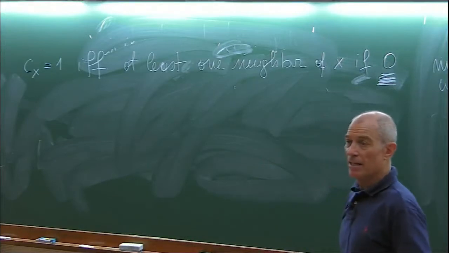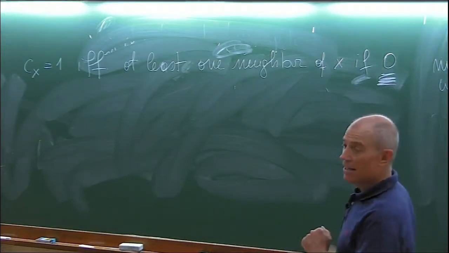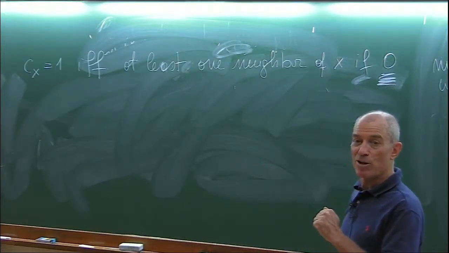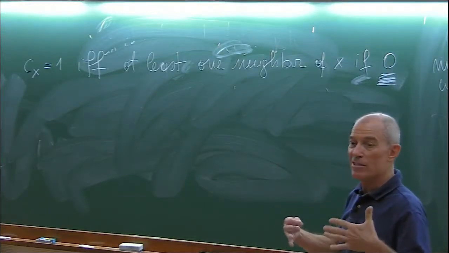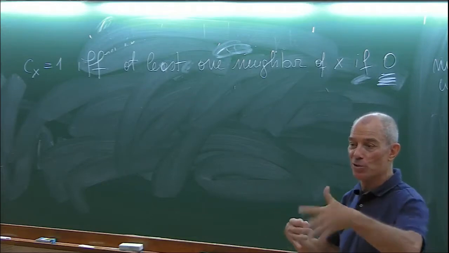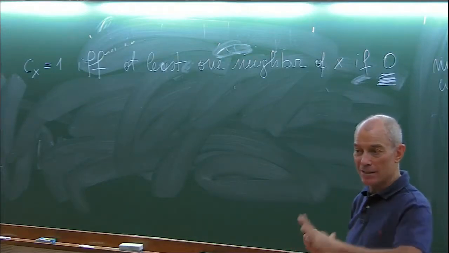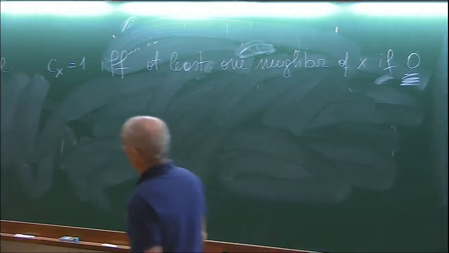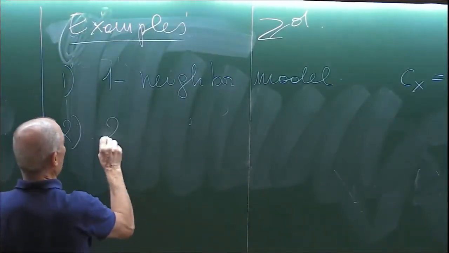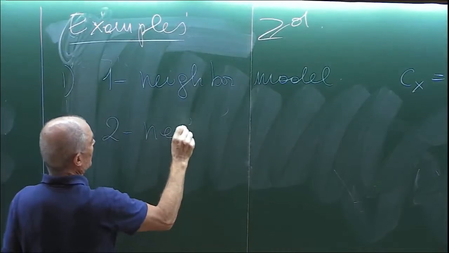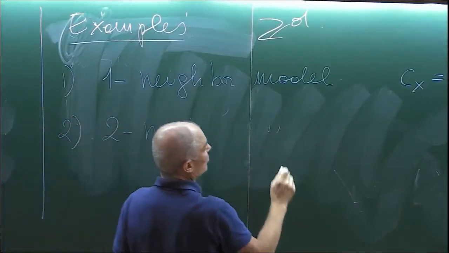Okay? So immediately this says that for the one neighbor model, the zeros are the good guys because they help you to do updates. The ones are the bad guys. Then, second example, the two neighbor model.